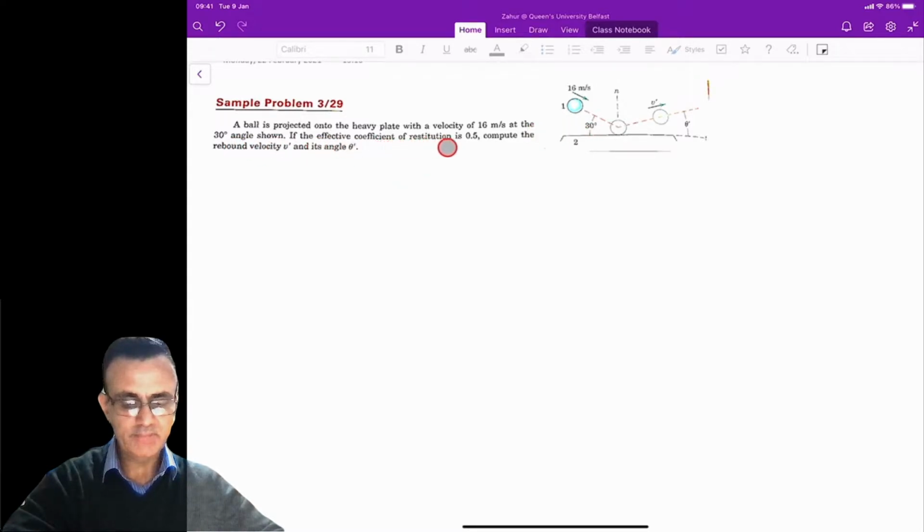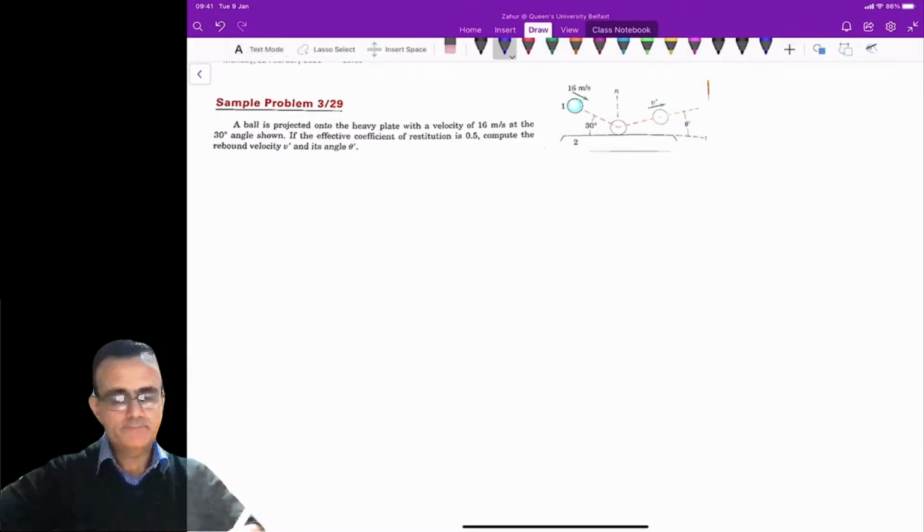If the effective coefficient of restitution between the two bodies is 0.5, compute the rebound velocity v dash and the angle theta dash. So you need to calculate the rebound velocity of the ball and obviously its angle.